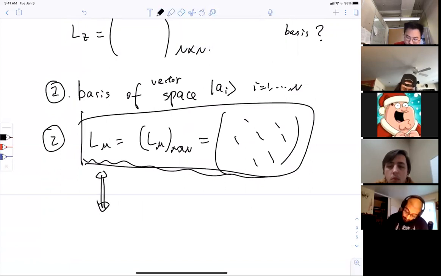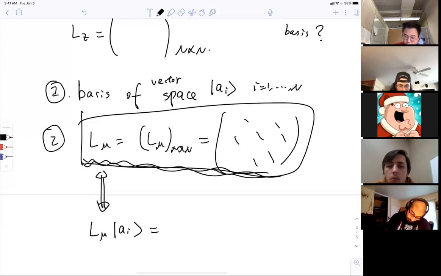So the second thing is equivalent to saying we only need to know how the generators act on the basis. If we know how the generators act on the basis, we know the matrix form of the generators, right? For example, here, assuming this is equal to some, I don't know, what's the notation?